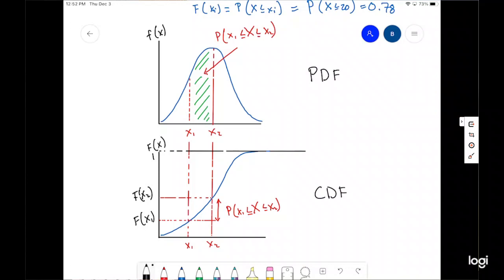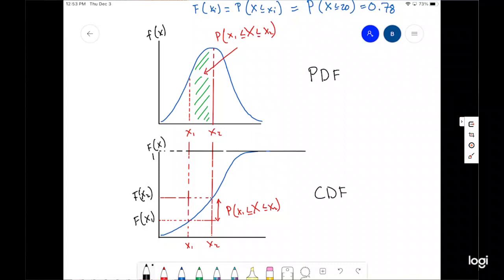And you can see how this relates to the CDF below. The CDF gives you the probability, so if we find the value x1 on the CDF, and we find out what its associated probability is, the capital F of x1, that gives us the probability that the random variable x is less than or equal to x1.